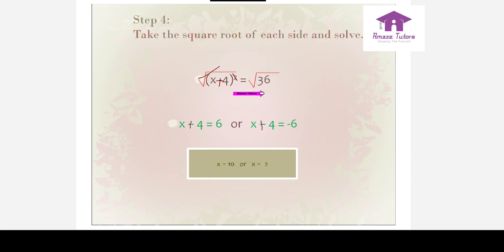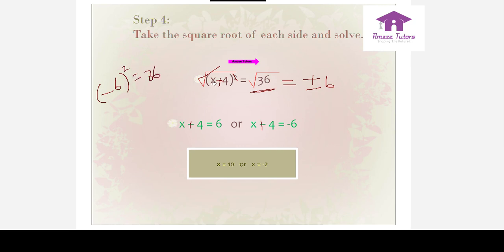Now, square root of 36, don't consider the positive answer alone. Please consider plus or minus 6, both positive and negative value, so that you will get two solutions. As you all know, for a quadratic equation, there will be two solutions always. Also, I'll tell you the reason why the square root of 36 is even minus 6, because minus 6 the whole squared is also giving you positive 36.